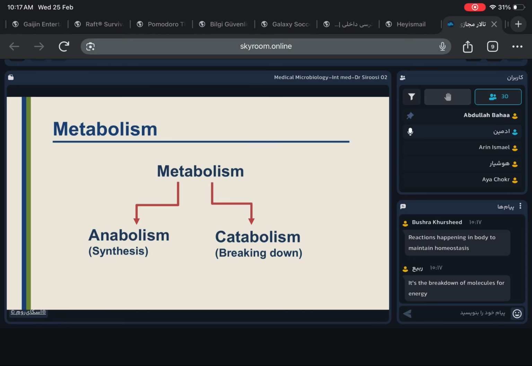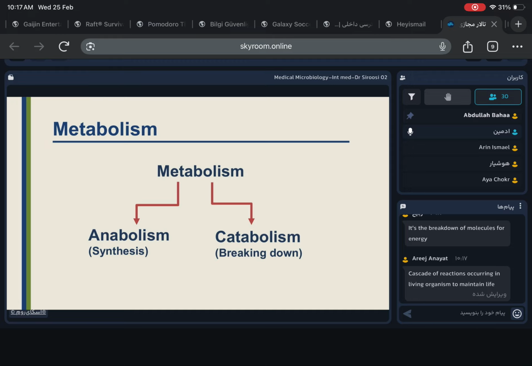So metabolism is the total of all biochemical reactions which happen within a cell, and it is divided into two main parts: catabolism and anabolism. During catabolism, large and complex molecules are broken down into smaller and simpler molecules, and energy is released because molecules are breaking down, and the energy stored inside the bonds is released.